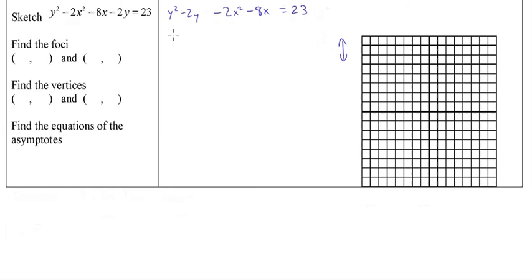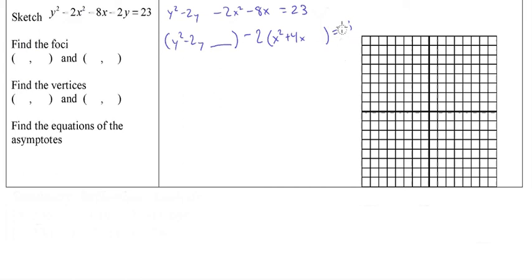So we'll have y squared minus 2y, plus some blank, minus, and let's factor out a negative 2 because we want to have a positive 1 coefficient. So minus 2 times x squared plus 4x, again leaving that gap right there, equals 23.